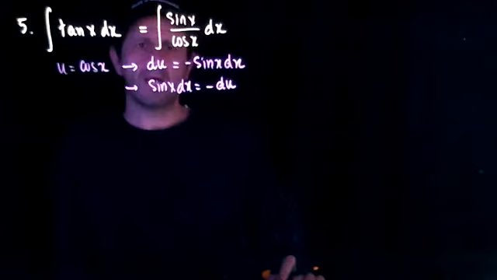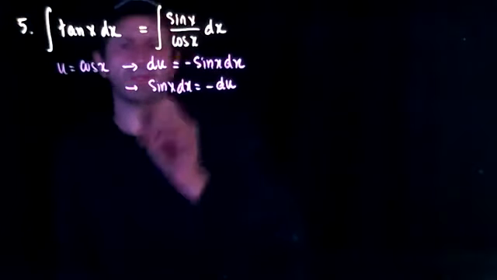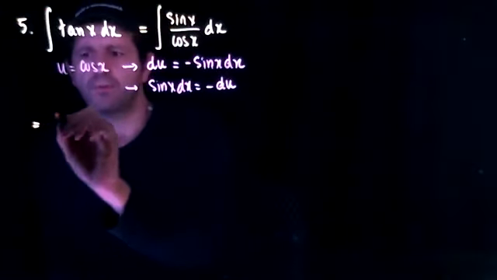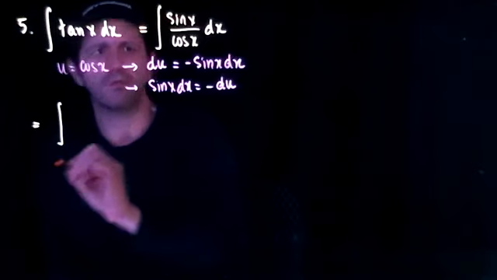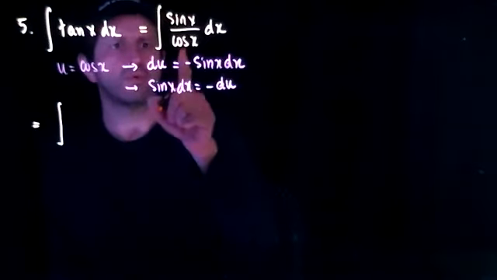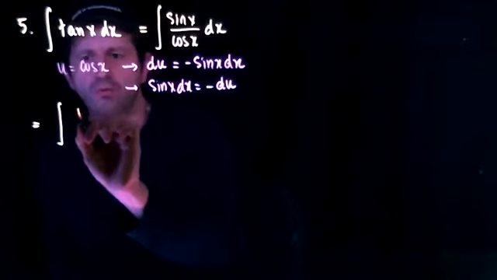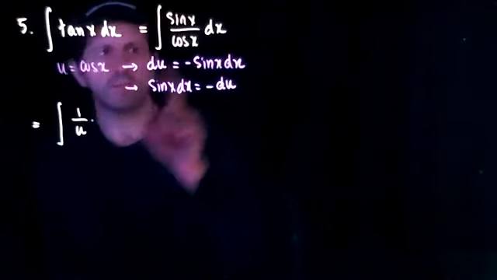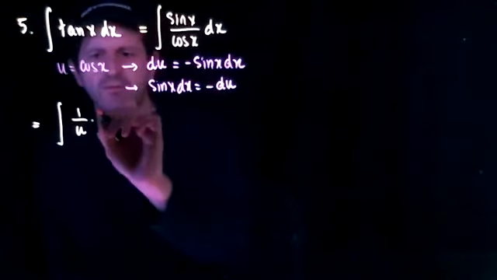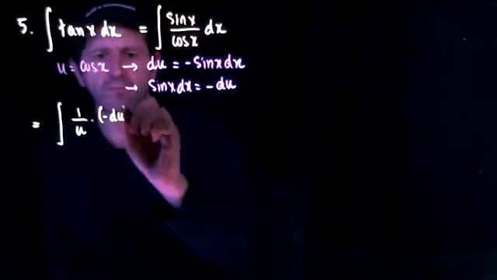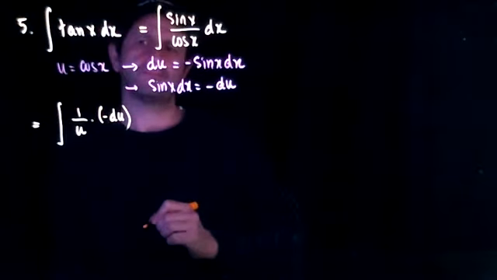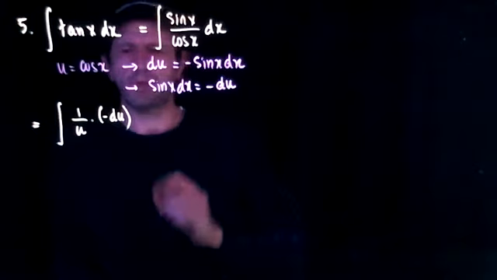Okay, and I just replace into my integral now. So it's the integral of 1 over cos, so 1 over u, times sine x dx, which is negative du.